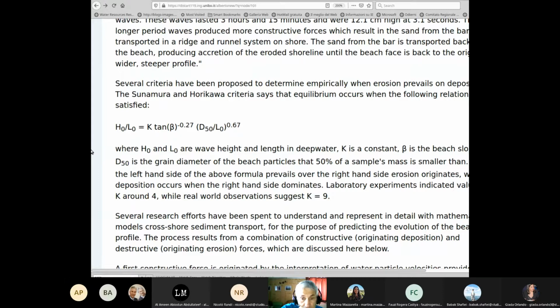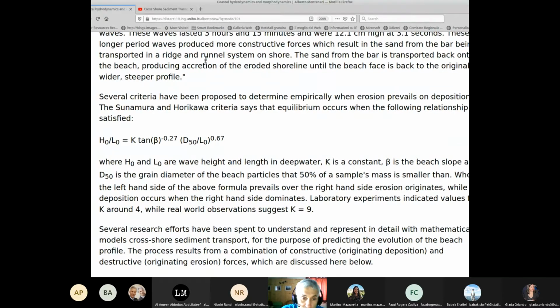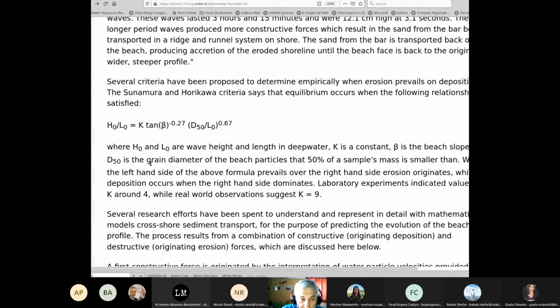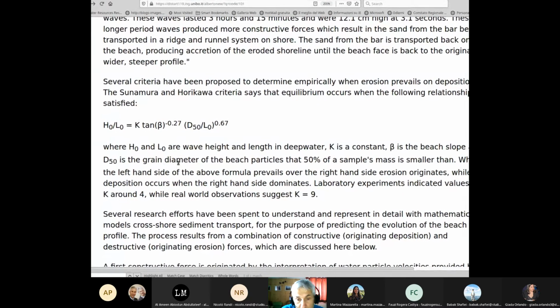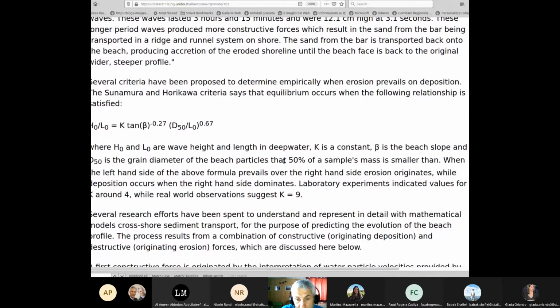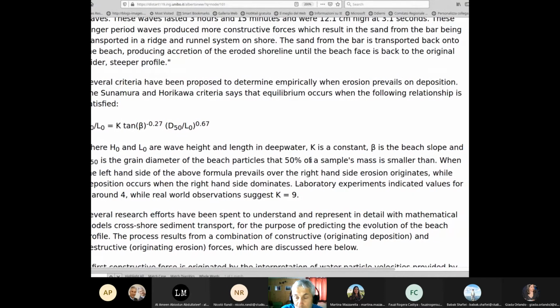Okay, and again, H0 is wave height, L0 is length in deep water, which means basically the sea depth. And here, beta is the beach slope, and the D50 is the grain diameter of the beach particle, such that 50% of a sample mass is smaller than.